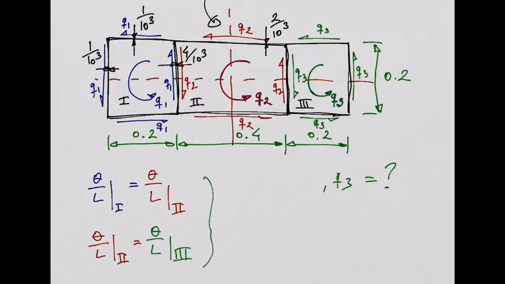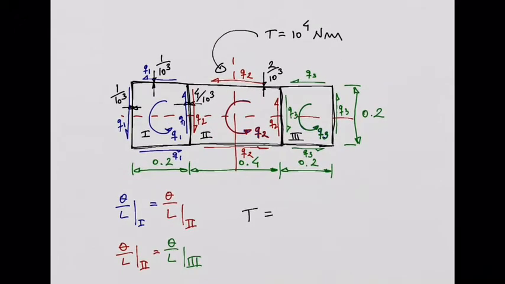Well, I'm going to get this third equation from the torque equation. The torque of the entire cross-section, which is given as 10 to the power 4, needs to be equal to the summation of 2AQ of each cell.